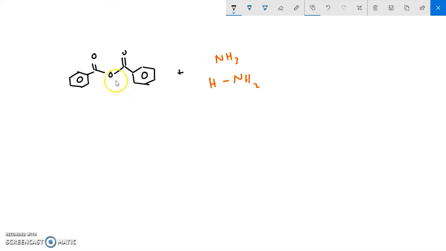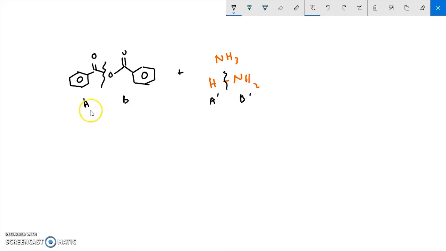Since this is a symmetrical anhydride, we can simply take one side of it, making sure it consists of the alkyl group connected to the C double bond O, while the rest will be assigned as the others, which is B. This part will always be A, and then for the ammonia, we're going to separate the hydrogen. Then hydrogen will become A prime, while the NH2 will become B prime.